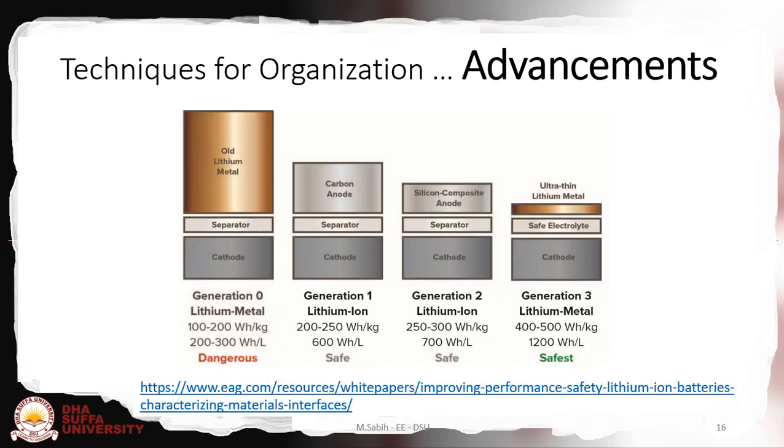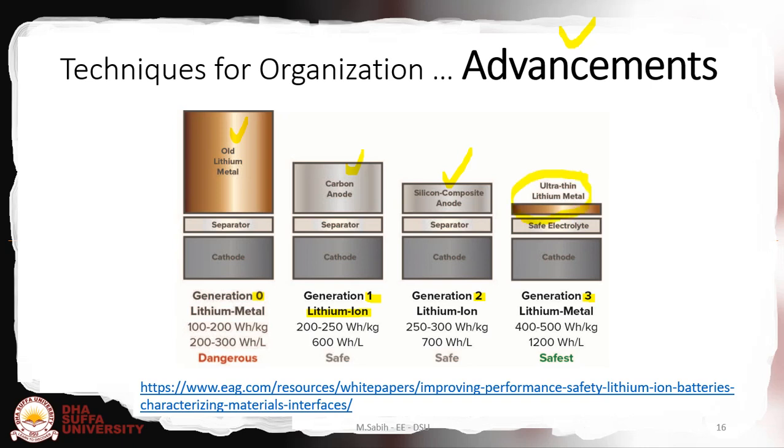And then another one based on the advancements: the development of the lithium-ion battery. So this is generation 0, using the old lithium metal, then generation 1 using the carbon anode, then generation 2 using the silicon composite anode, and then generation 3 where thin lithium metal is being used.